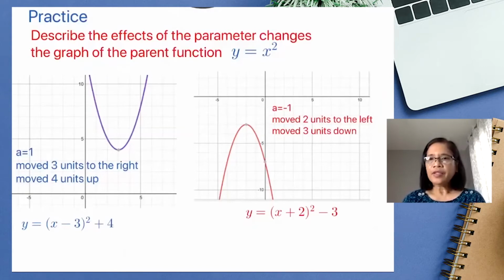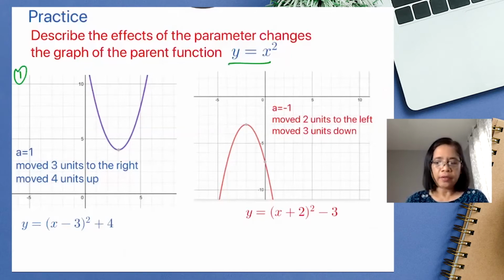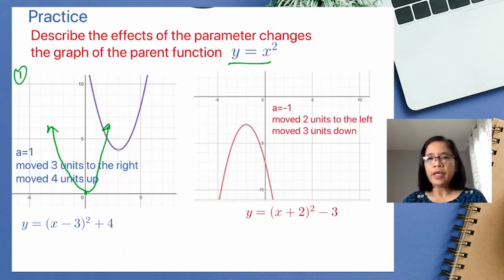So now let's look at the transformation on these two graphs. Let's start with the first one. From the parent function y equals x squared, earlier we know that this is a graph whose vertex is at the origin. Let's start with the horizontal shift.